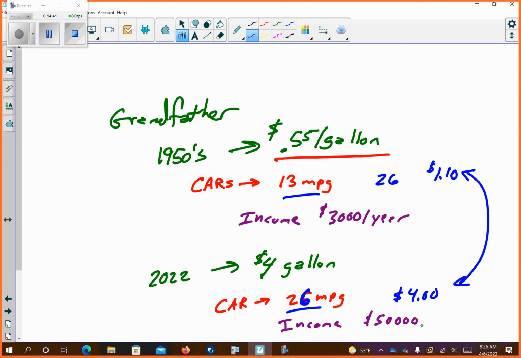So then you take into account that income today is more than 10 times what it was yesteryear. So that would mean that two things would have to take place. In order for this to look like an absolute dream, this looks like an absolute nightmare.